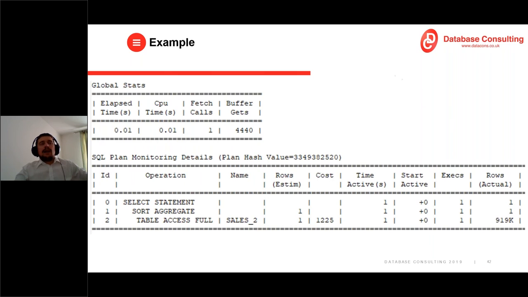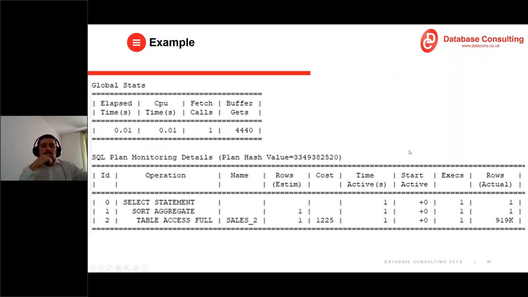So let's see how the results of monitoring of such business logic look like. As you can see, it consumed over 4,000 buffer gets, and the table access full operation returned nearly 1 million rows to satisfy this check.